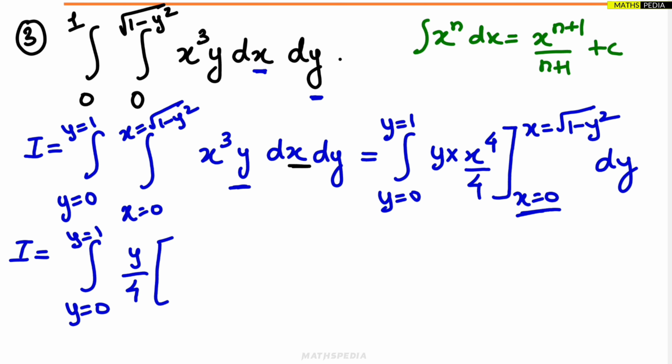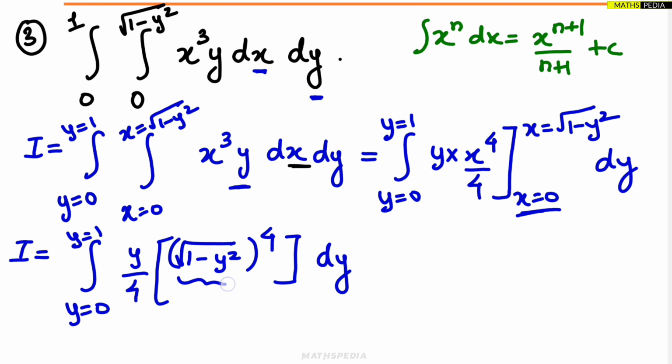Now I'll apply the upper limit, which is square root of 1 minus y square, and again power 4 has come. Minus the lower limit, which is 0. 0 power 4 is 0 itself, so you can leave it. The lower limit is not needed, then dy is there.